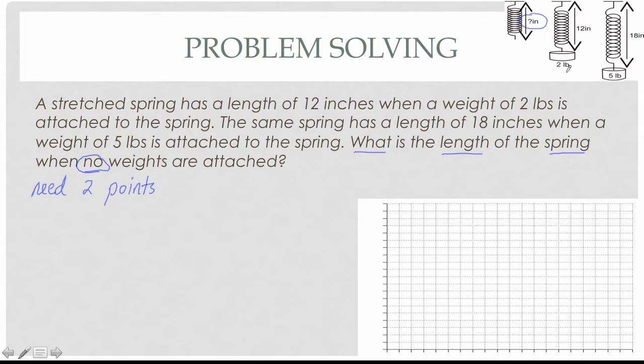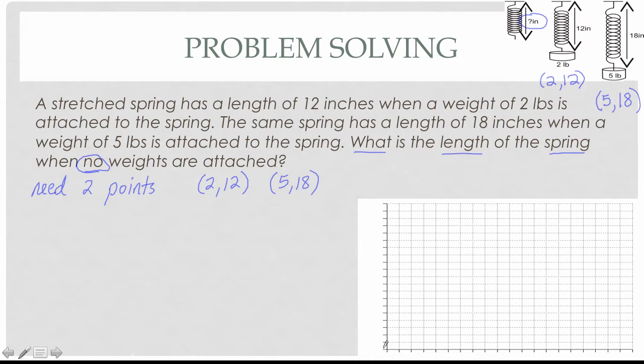Well, I have 2 situations right here. Looks like when I do 2 pounds, it stretches to 12 inches. But later on, when I do 5 pounds, it stretches to 18 inches. There's my 2 points. So let's write that down: 2 and 12, and then 5 and 18.